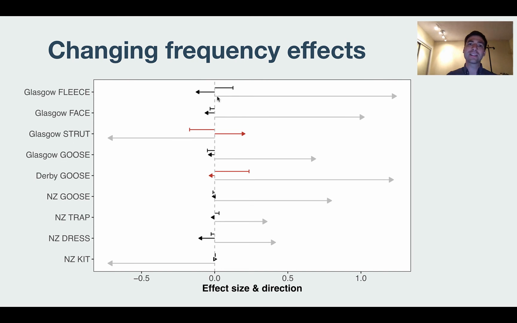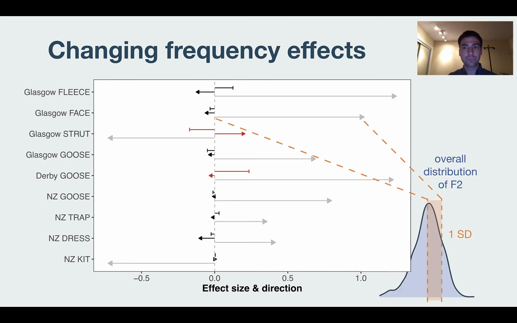Now, the way that this information is presented is actually in a standardized format. And that standardization means two things. One of them is that I took the F2 values and I just centered and scaled them, right? So subtracted the mean and then divided by the standard deviation. And then once I had those standardized F2 values, what I then did is that I basically looked at the key predictor here, which, when you're looking at these gray lines, is time, which is usually encoded by year of birth in this data.